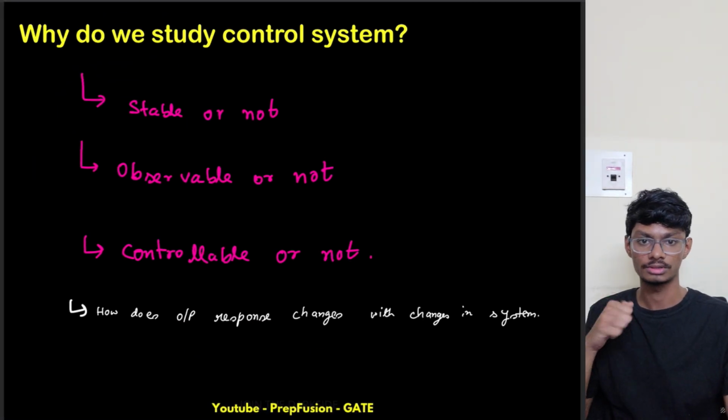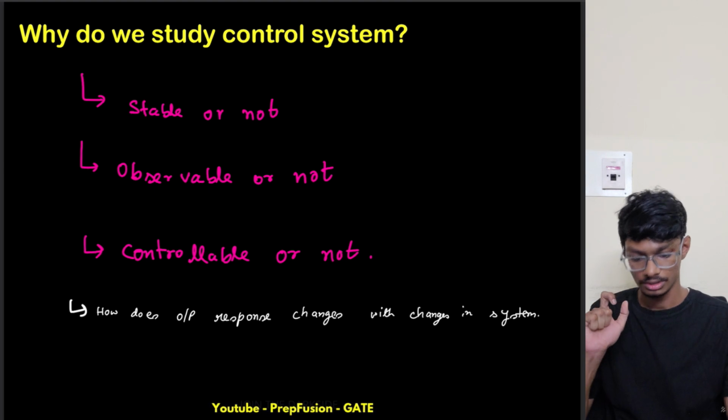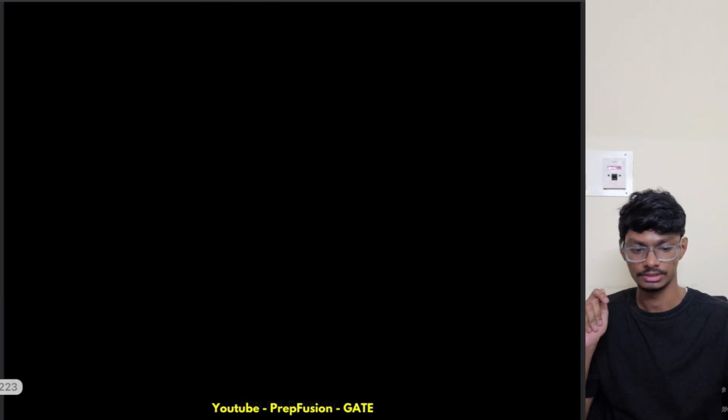So if we make changes in the system, how does the output response change? Okay, so all these things are needed for studying control systems.